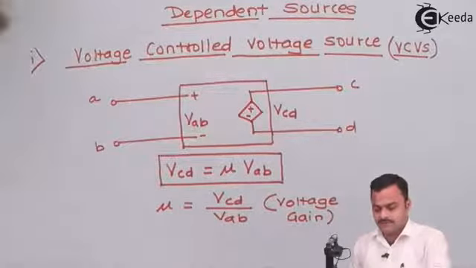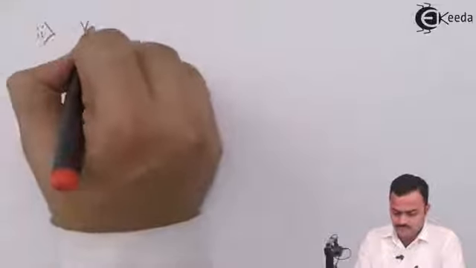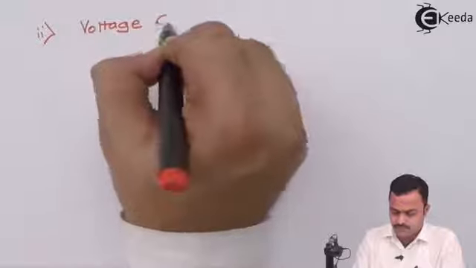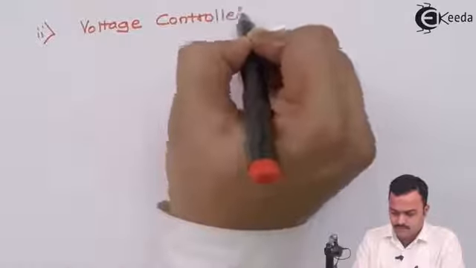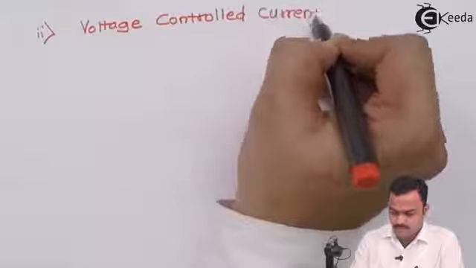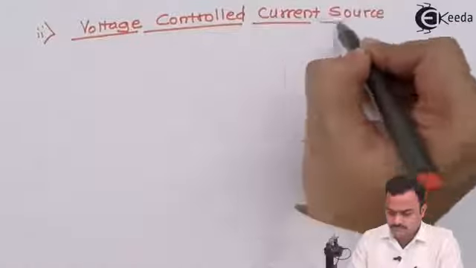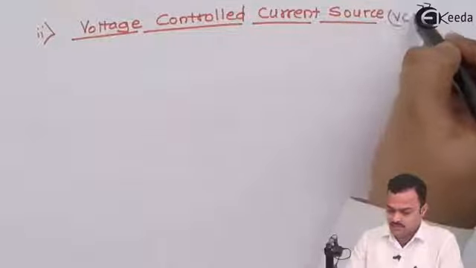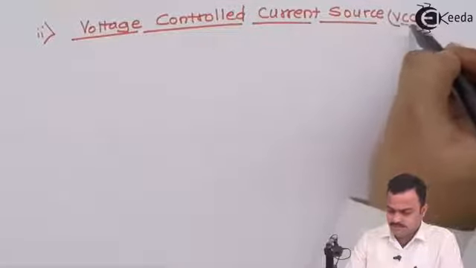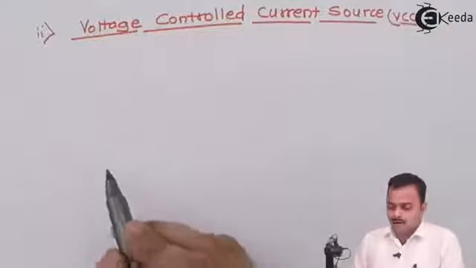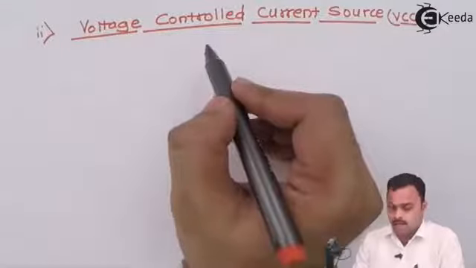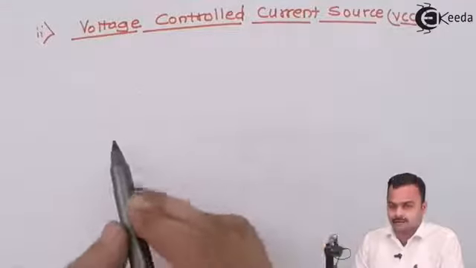Let's go ahead with the second classification. It is the voltage controlled current source, which can be considered as VCCS. So it depends upon voltage only, but I am getting a current source at the output side.